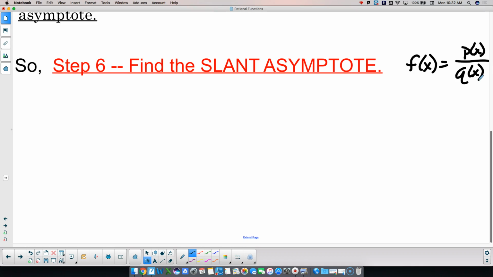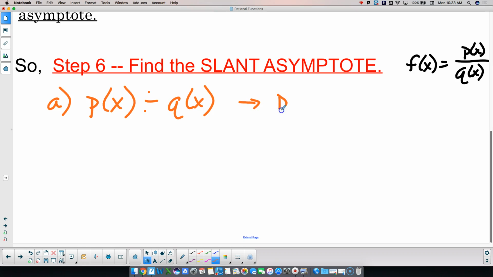The first thing that I am going to do is figure out what the top divided by the bottom is. I'm actually going to do that division. Now, the nice thing is we have synthetic division.